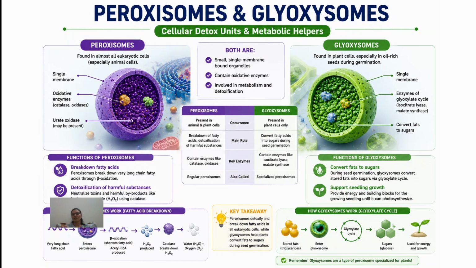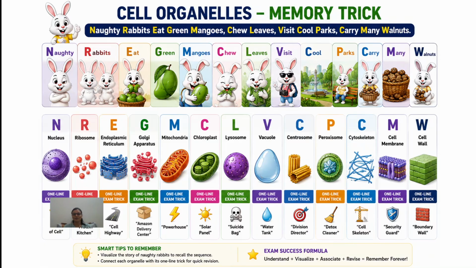It converts fat to sugar, so it keeps the cell alive until the photosynthesis process starts. So this is the whole thing about the glyoxisome, and the whole thing about today's lecture.